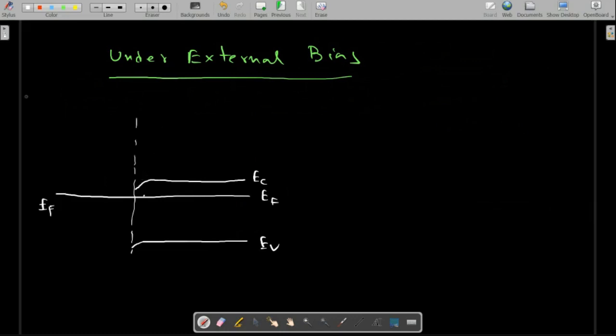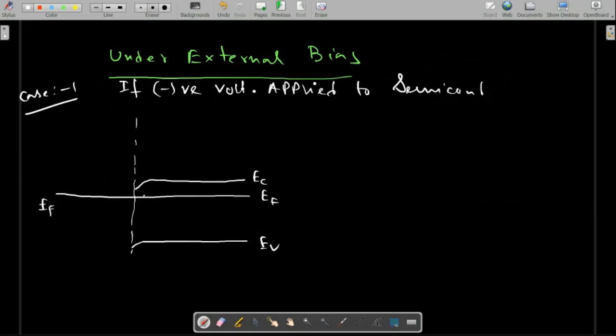Case one: if a negative voltage is applied to the semiconductor side. If we apply a negative voltage at the semiconductor side with respect to the metal, this side is the metal, this side is the semiconductor.